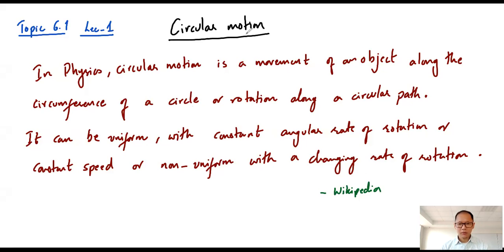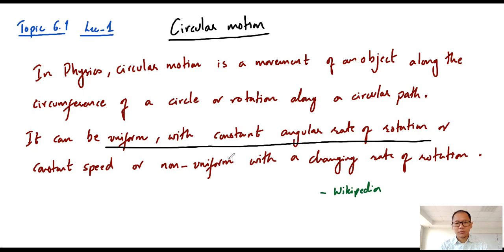In IB, we will mainly be studying uniform circular motion. We will not be very interested in non-uniform circular motion, as our level of mathematics will not be sufficient to study it.